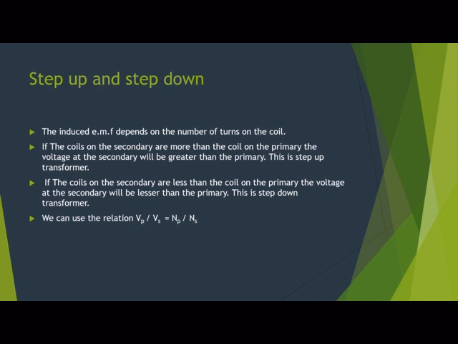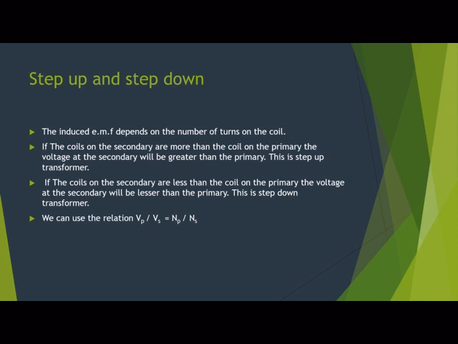If the coils on the secondary are more than the coils on the primary, the voltage induced in the secondary coil will be greater than the primary. This is known as a step-up transformer. If the coils on the secondary are less than the coils on the primary, the voltage induced will be less in the secondary compared to primary.